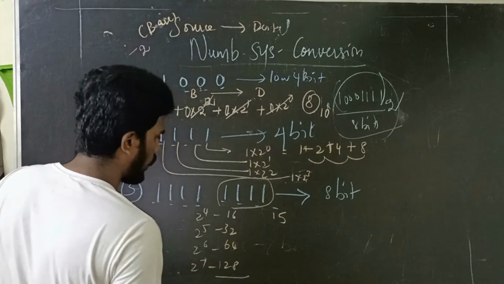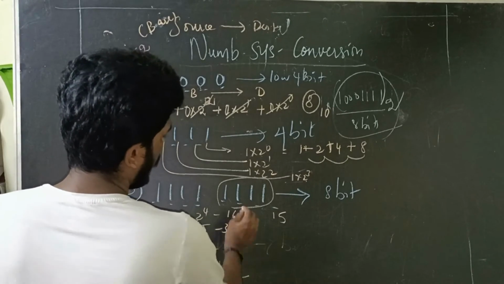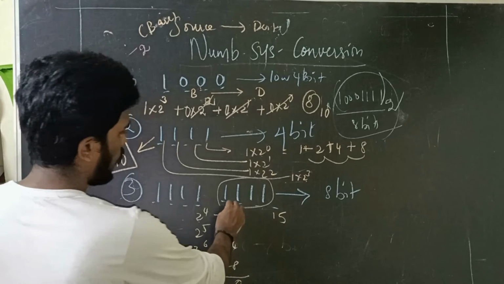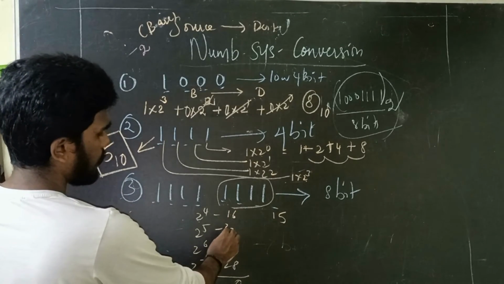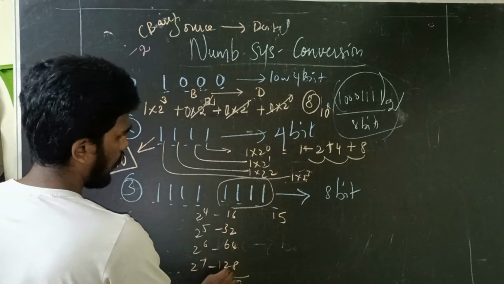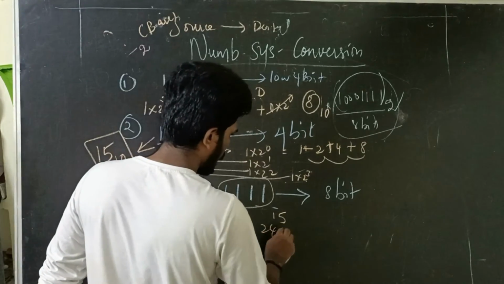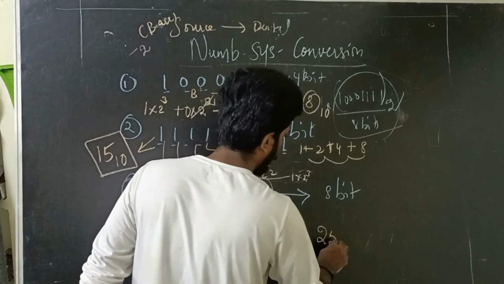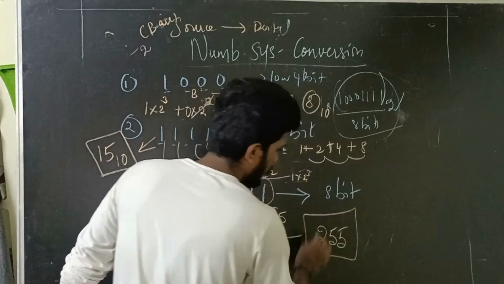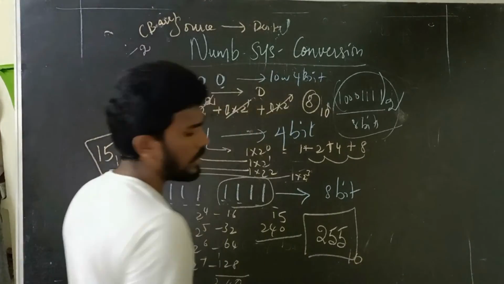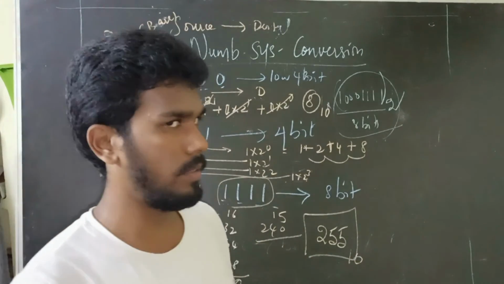If I calculate all this, 240 plus 15, so 255 is the highest 8-bit value.